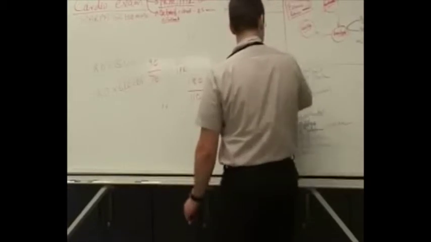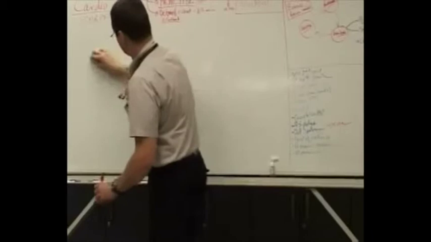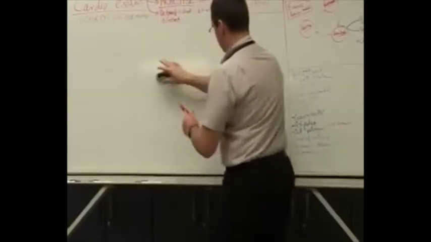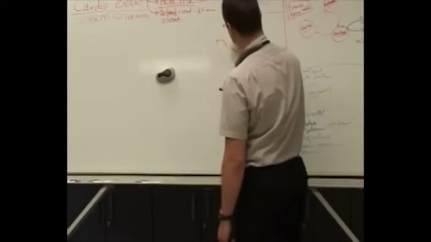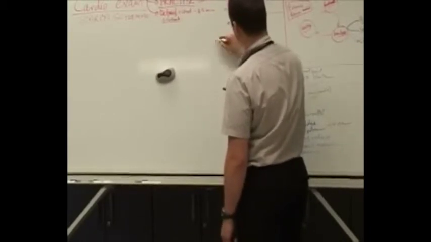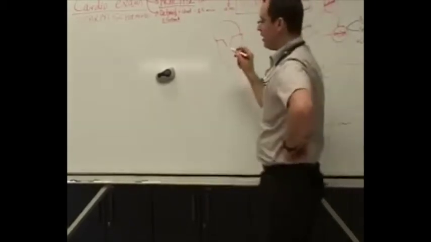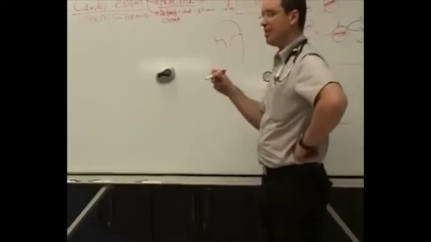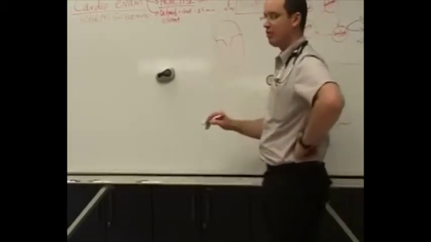So, let's quickly talk about the heart sounds. This is the left ventricle, and there is the mitral valve. There's the aortic valve. Now, what causes the sound or the intensity of the sound when the first heart sound closes? Obviously, the same thing will happen on the right.